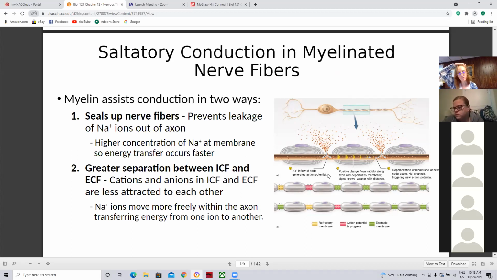Actually, let me say this differently. So we know that the sodium and the potassium ions, the positively charged ions out here and the negatively charged ions inside, are attracted to one another. They can hold each other in place for that reason. Because if you're attracted to someone, you can often hold them in wherever you are.